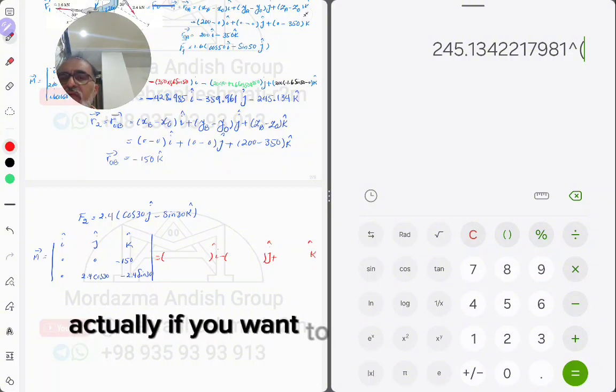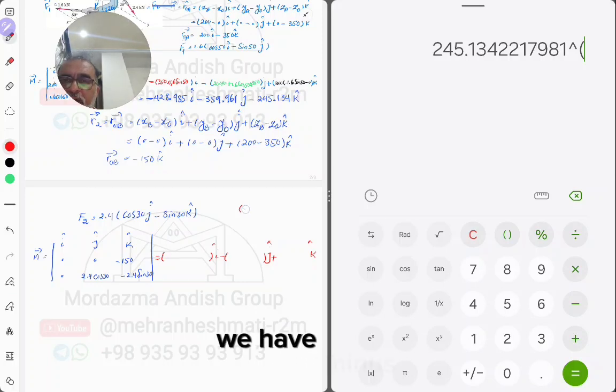Actually, if you want to find the rule of these signs, the coefficient of each item is minus 1 to the power of i plus j.